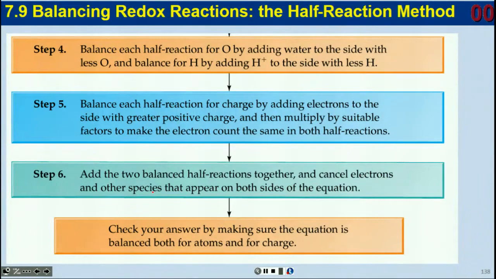Then we add the two half reactions together, canceling out the electrons and everything else to come up with a final result.